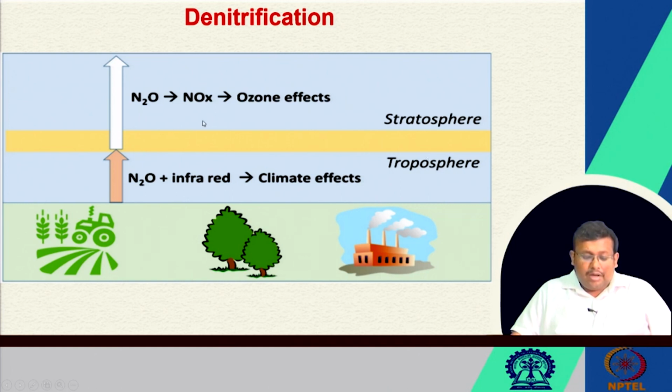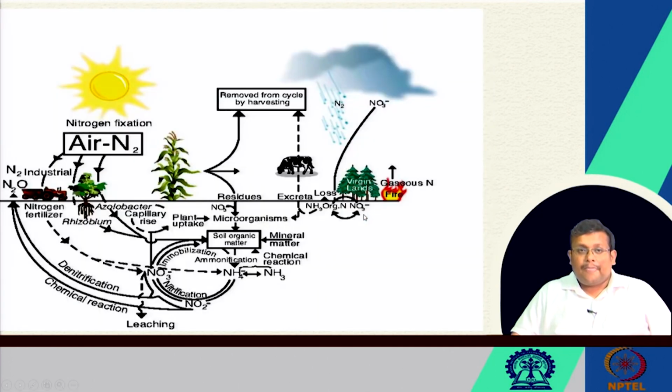So, here we can see that these nitrous oxides, or in other words NOx or nitrogen oxides, are interfering with the ozone layer in the stratosphere, and ultimately they are causing some damage there. Similarly, nitrous oxide has its effect on the troposphere also.